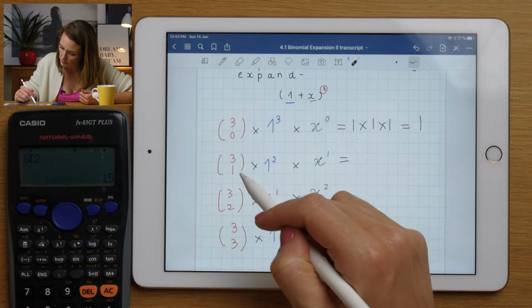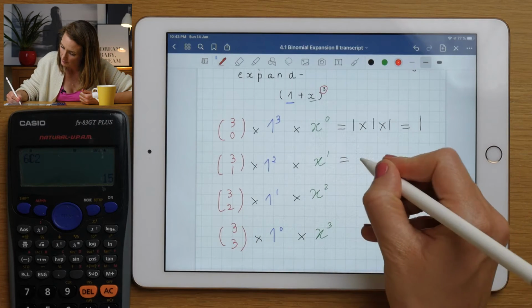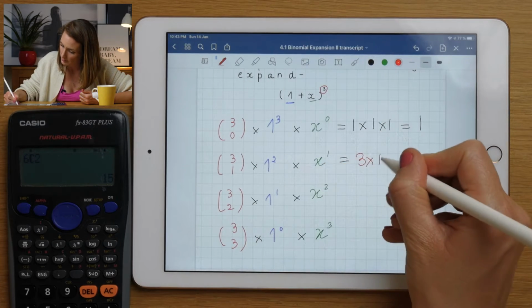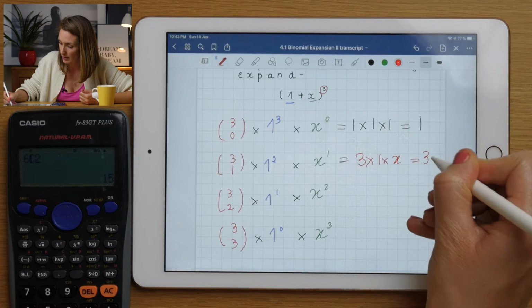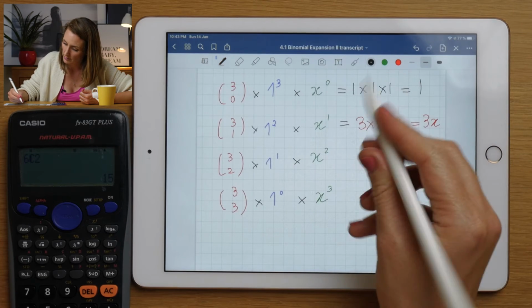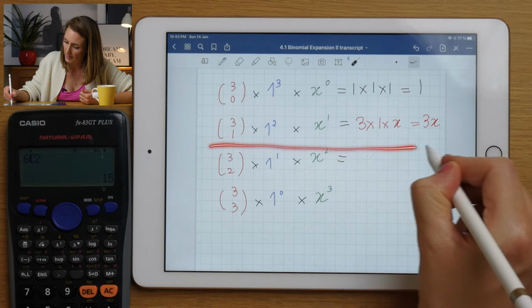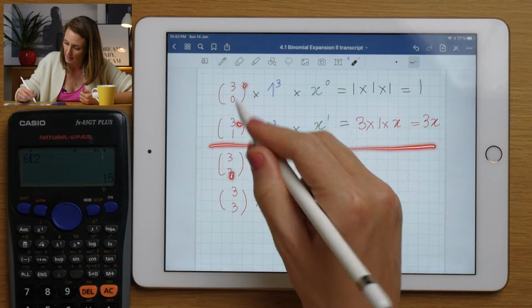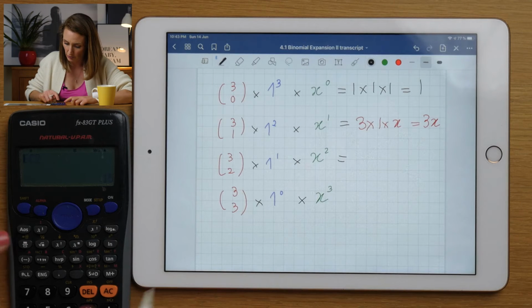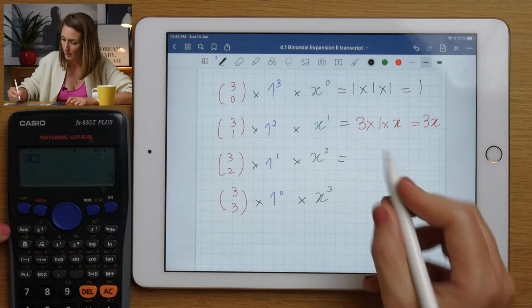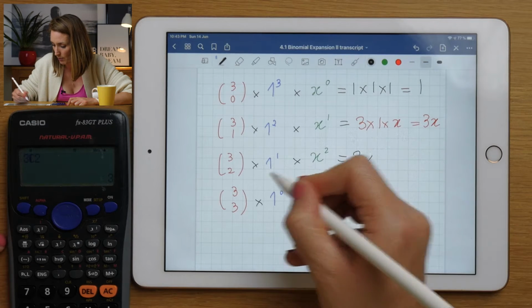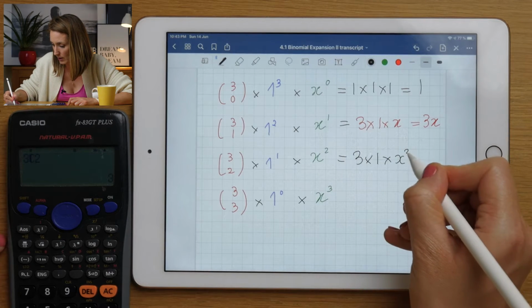So 3 choose 1 is going to be 3 times 1 times x. So we're going to have 3x. Then if you think about that mirror line, that will be the same as that, and that will be the same as that. But again, if you didn't remember that, you could just type in 3 choose 2. Okay, so that's 3, 1 to the power 1 is 1, x squared.